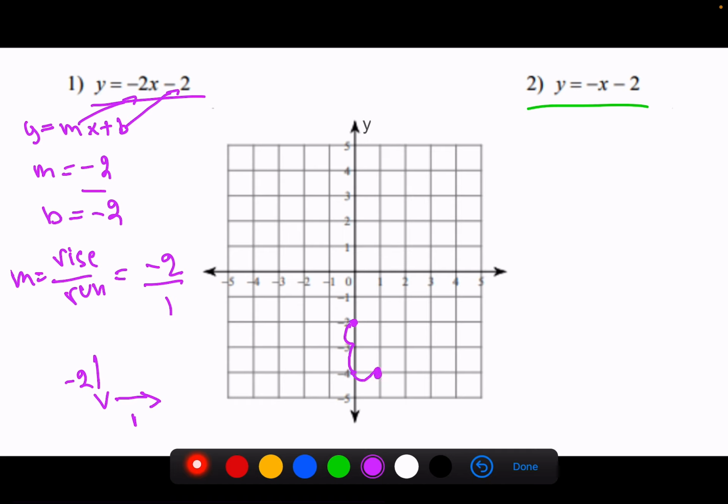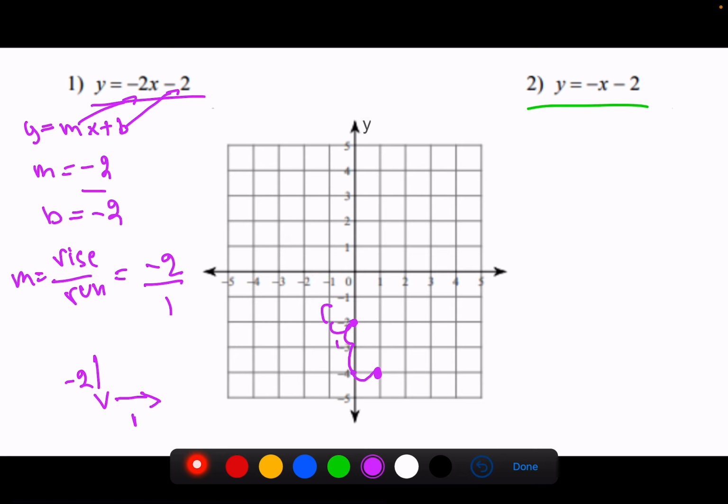And if we go the opposite way, we go left by 1 and up by 2. Left by 1, up by 2. Sorry there. Left by 1, up by 2. And like that we can graph our line.